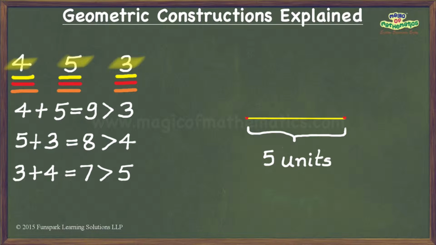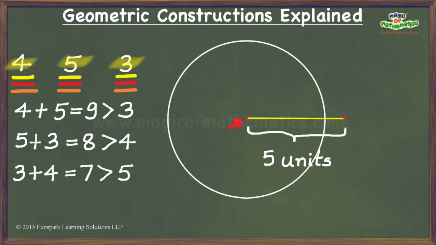For this, I will make use of the fact that all points which lie on the circumference of a circle are at the same distance from the center of the circle and this distance is called the radius. Using a compass, I will measure a radius of 4 units and with this vertex as the center, I will draw a circle.